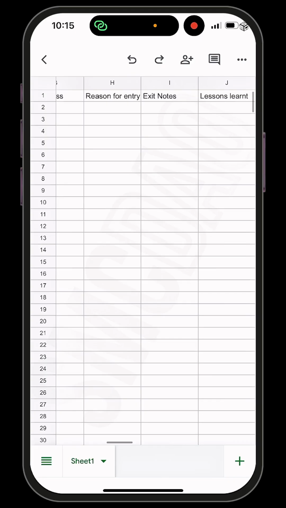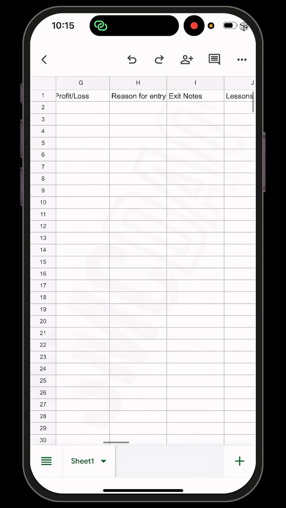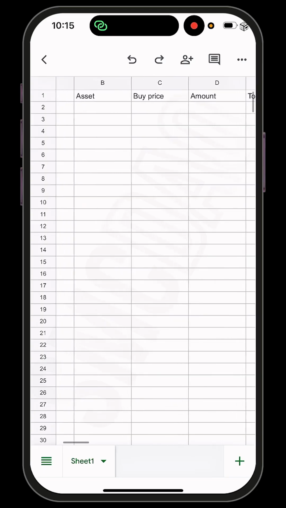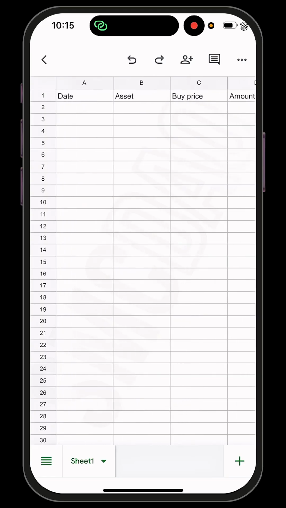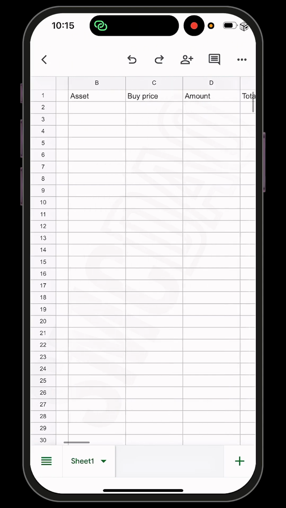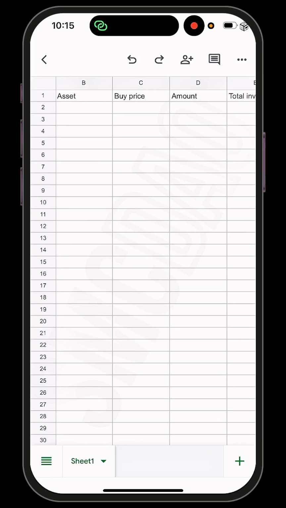So each of these are very, very useful. For all of these things you've added, the date gives you when you entered the trade. Then the asset, maybe an asset type, BTC, Ethereum, or probably an altcoin. Now your buy price is your entry price, your amount is how many units.